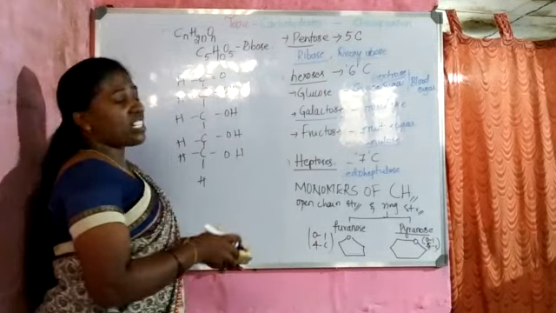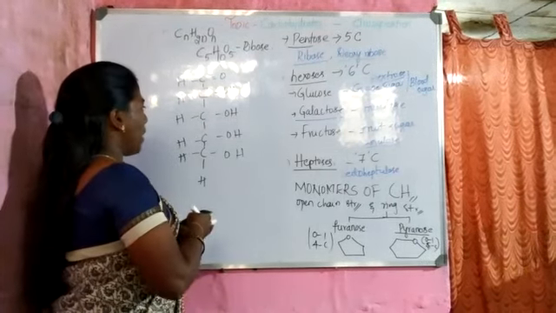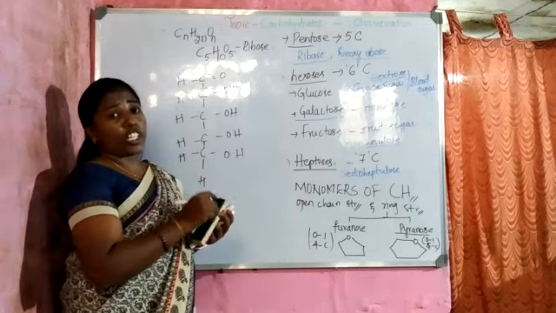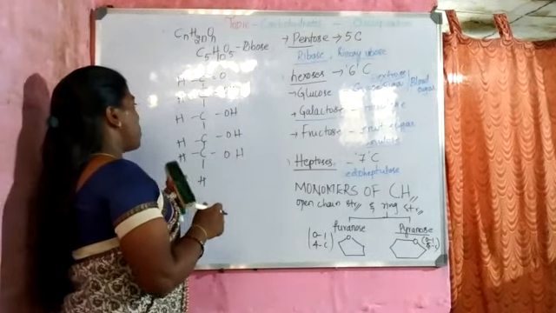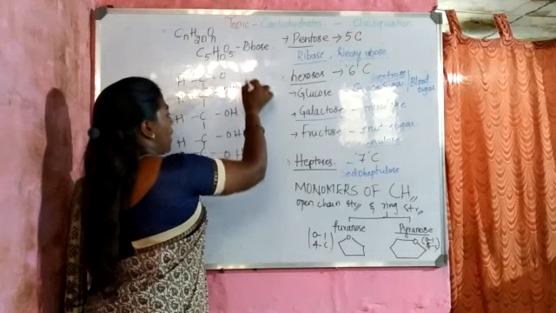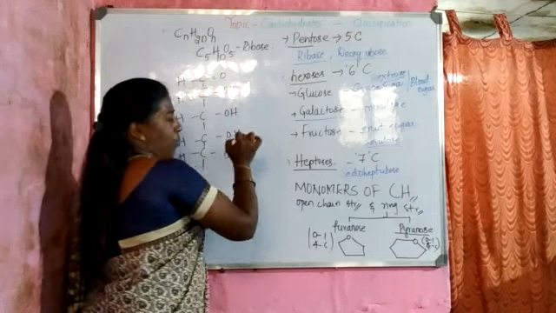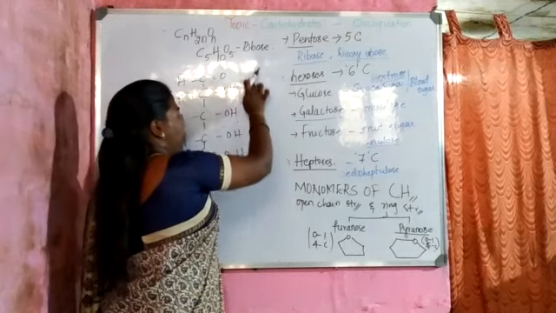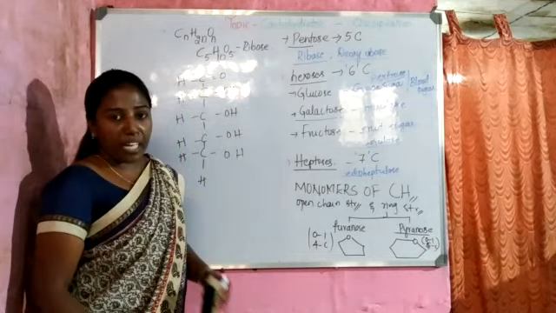Coming to the ring structure of ribose, intramolecular bonding occurs between the first and the fourth carbon atom.